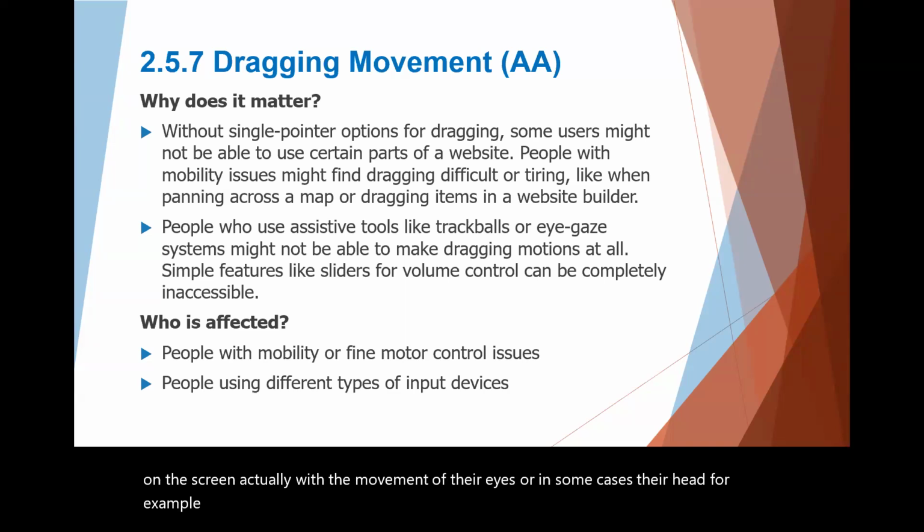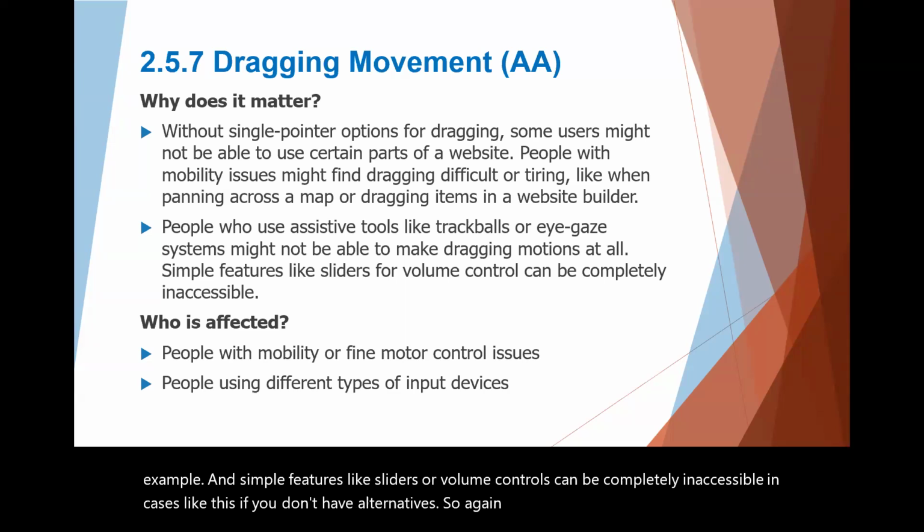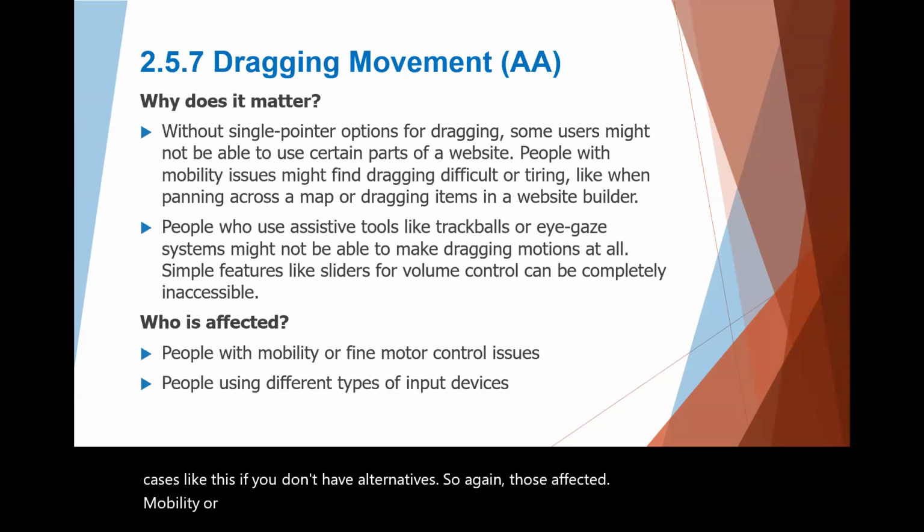And simple features like sliders or volume controls can be completely inaccessible in cases like this if you don't have alternatives. So again, those affected: mobility or fine motor control, and people that are using other types of input devices like what we were talking about there.